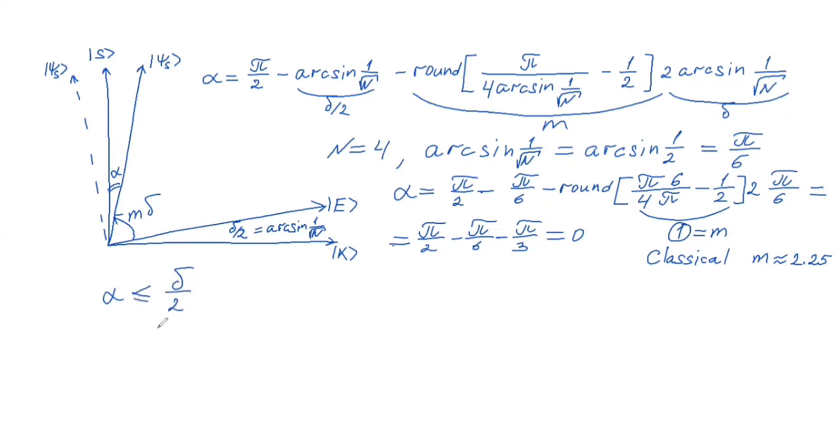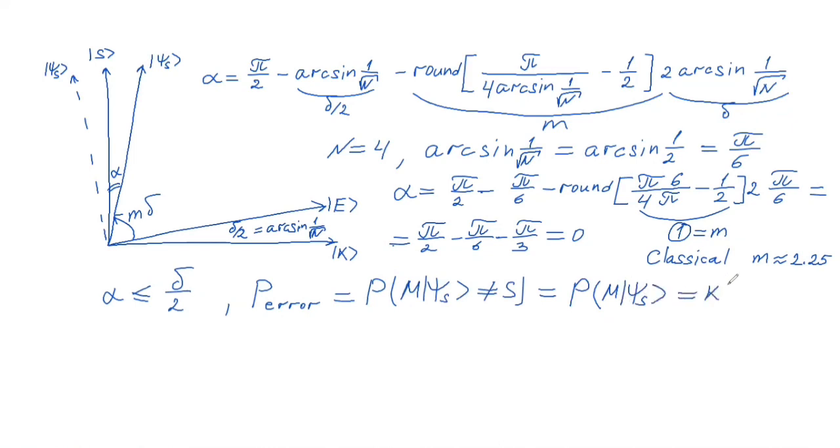So alpha is always smaller than delta over 2, and therefore the probability that we will not measure a solution, in other words, the probability of measurement on vector psi s not resulting in a solution, is the same as the probability of measuring psi s and getting k.